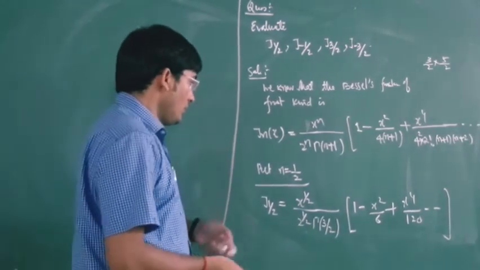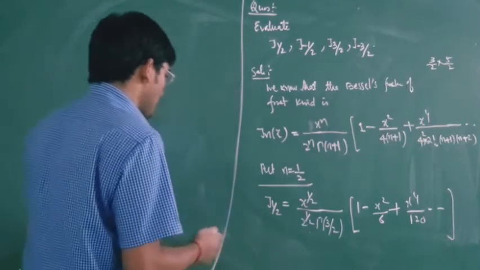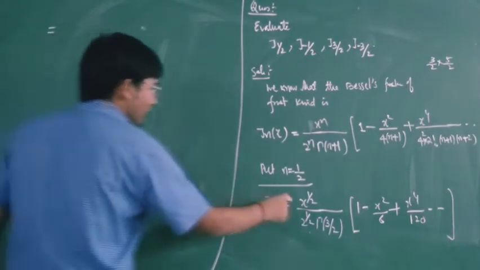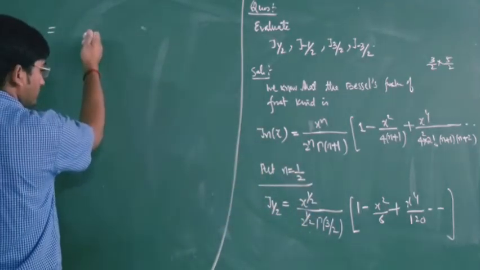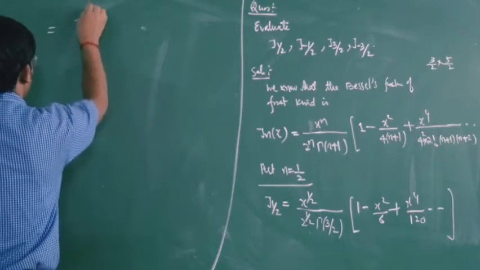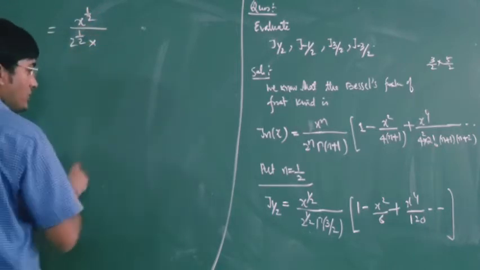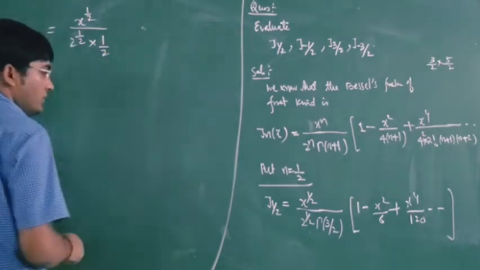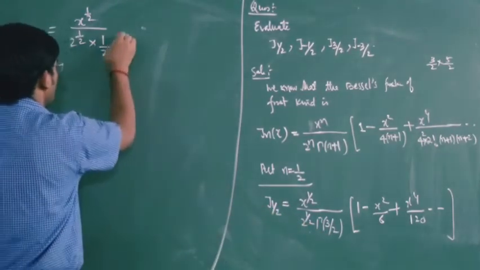Okay. Now we can write this as x power half, that means root x. Then we have 2 power half, then gamma 3 by 2 is half gamma half. Gamma half is root pi. So this is your root pi.